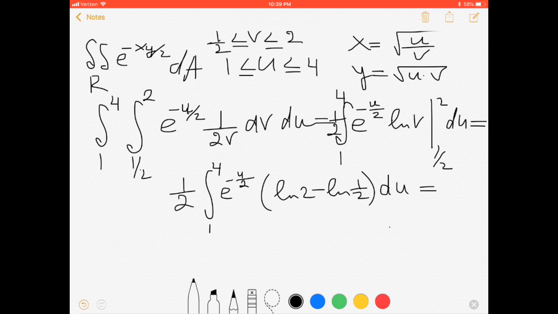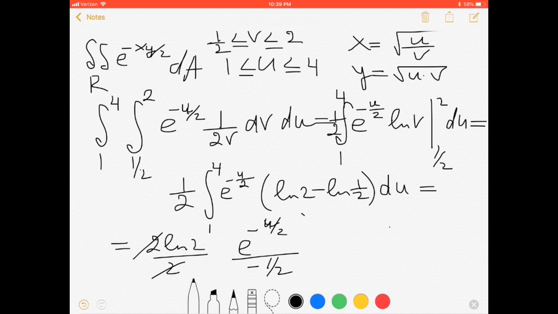This means if we simplify, you have 2 ln 2 over 2, it's cancelled. And then because the coefficient of u in the power is negative 1/2, we need to divide by negative 1/2 and plug in 1 and 4.